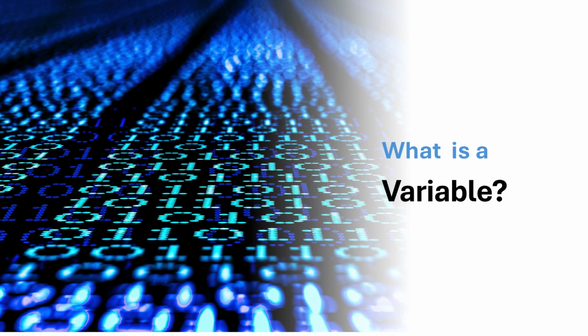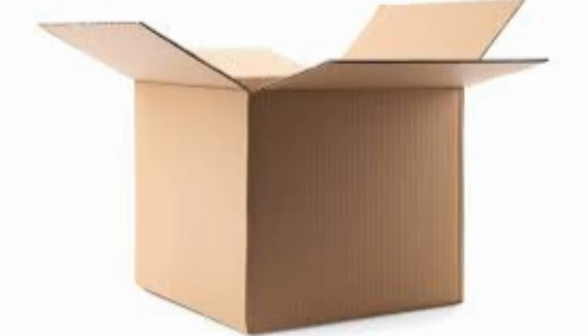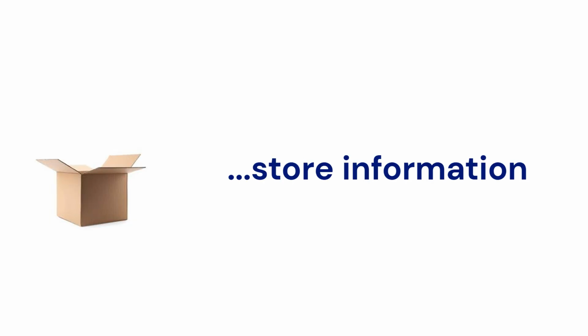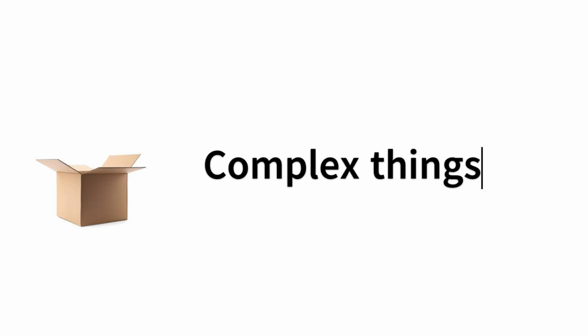A variable is a name that stores a value, like a container or a box. Think of a variable as a container or even a box where you can store information. That information can be text, numbers, or even more complex things later on.